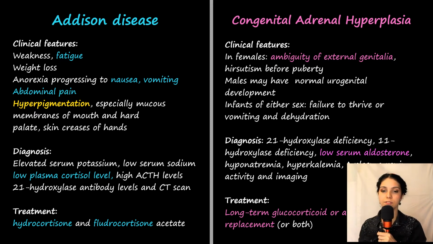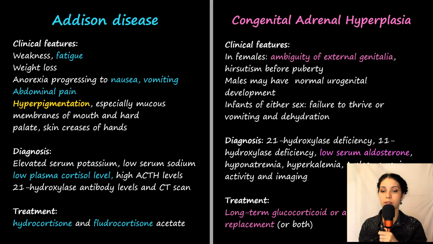Stress, such as infections, trauma, or surgical procedures, may lead to an acute adrenal crisis, manifest by vomiting, abdominal pain, hypotension, coma, and vascular collapse. Death follows rapidly unless corticosteroids are replaced intravenously.